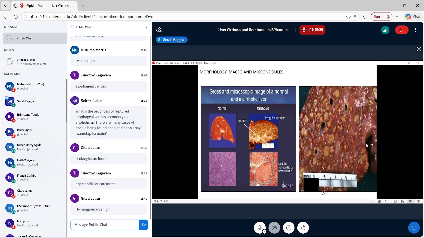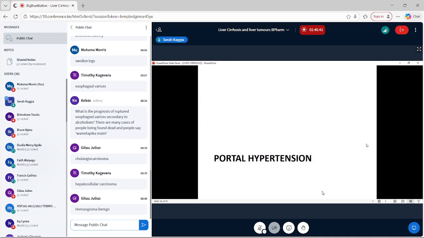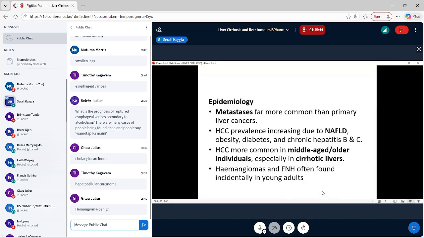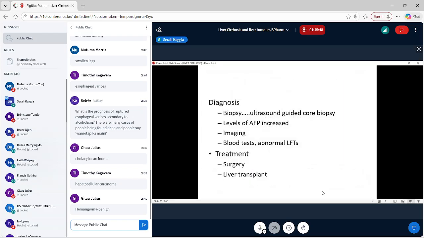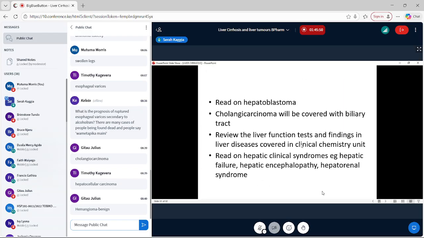So don't forget the assignment that I've given of looking at your chemical pathology and reviewing the liver function tests, those parameters. Why are we doing them? What is the reason for doing the parameters? In the results of liver function that you discuss, it's good to know about those symptoms too.